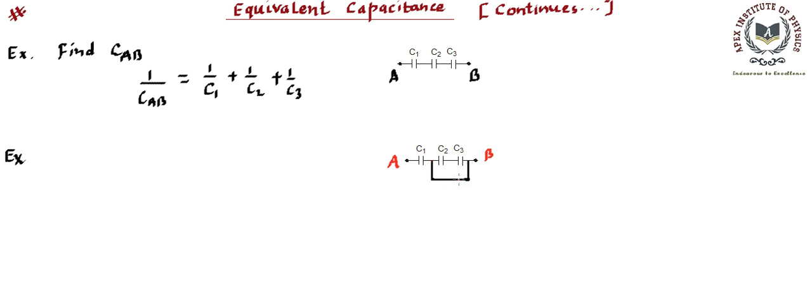Now whenever there is a wire connection, we will always say the potential of a conductor is the same at all points. That means this point has a potential equal to the potential of B. This point also has the potential of B. So the potential difference across these two capacitors C2 and C3 combined is going to be 0.